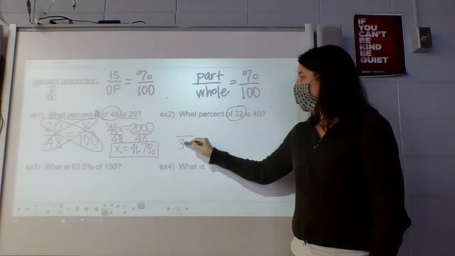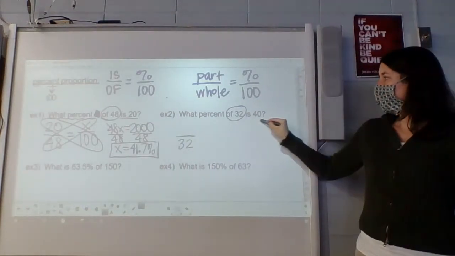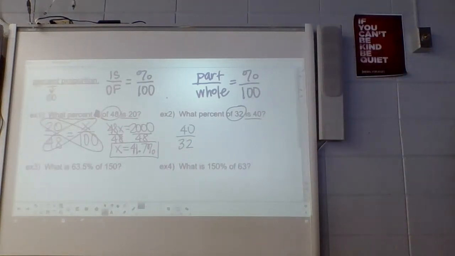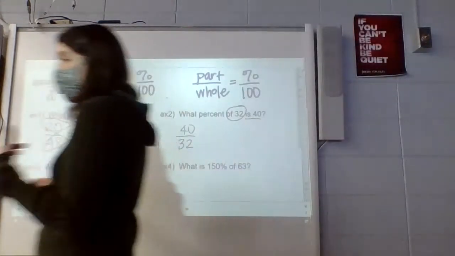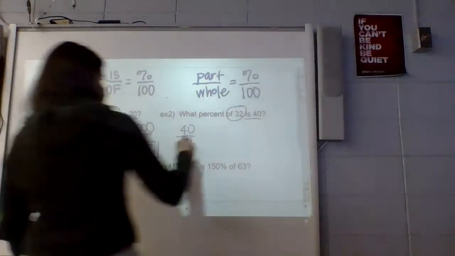So the 32 actually goes on the bottom. Is 40, so the 40 goes on top. So it's telling you where to put things. So you don't always just say the smaller number goes on top. And that's why this sometimes can get confusing because you can get more than 100%. And I'll explain that a little. I know that's a confusing idea.